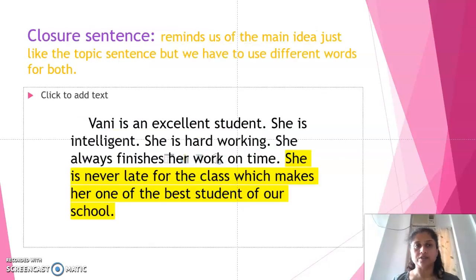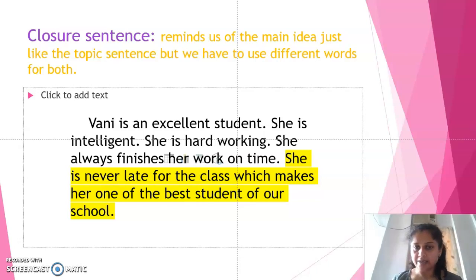The last part of your paragraph is the closure sentence. The closure sentence is similar to your topic sentence, but we write it in different words. That means it will give you an idea about your main topic, but it will have a different formation of sentence.